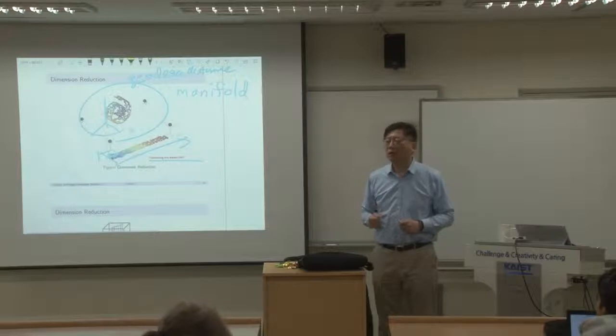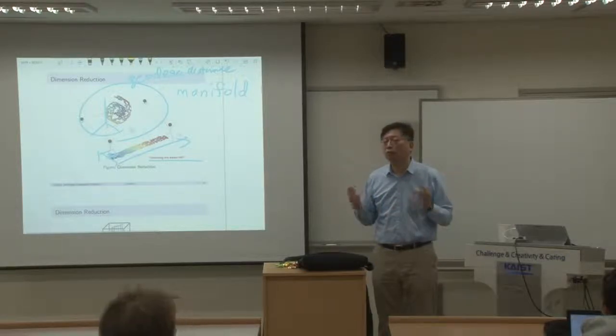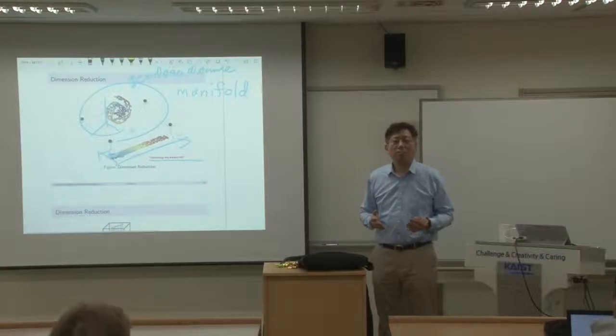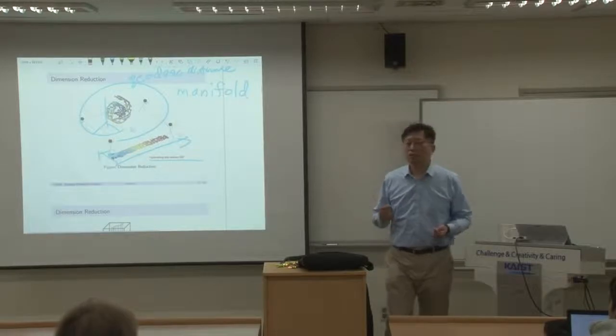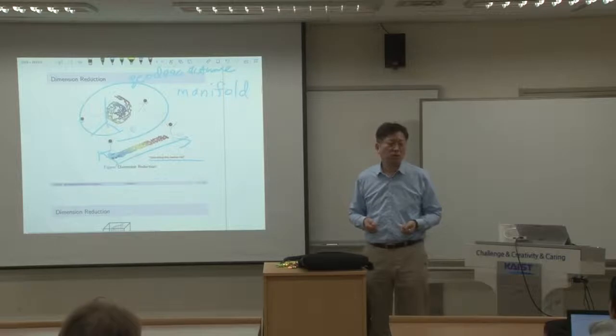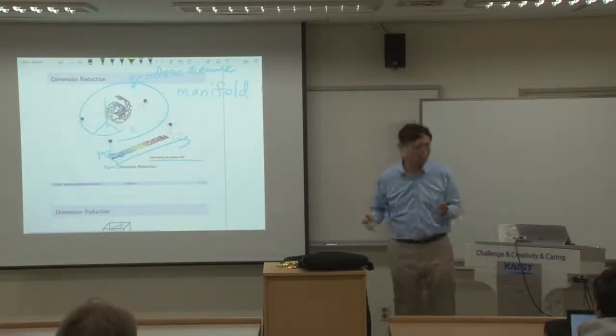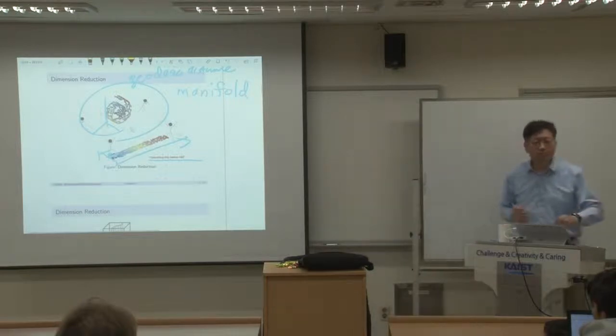But the important thing is that I'm trying to perform a certain task, and maybe the gain that you get by dimension reduction may be more than the loss that you incur by doing the dimension reduction. So you have to think about the trade-off.